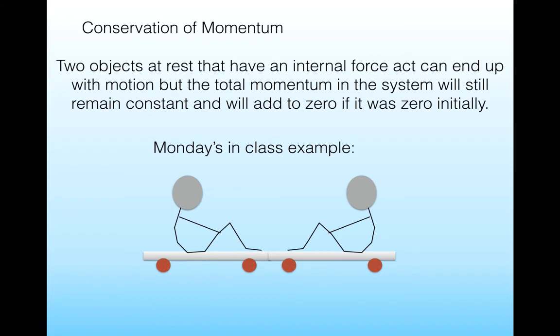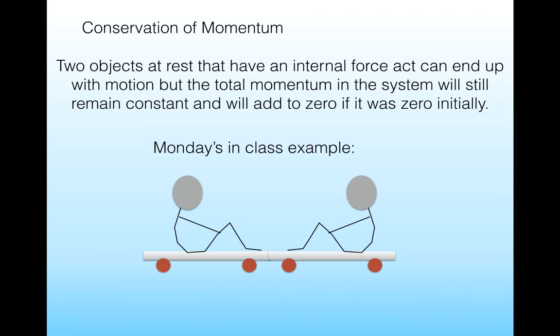We saw that on Monday in class, we did this little demo where two people sat on skateboards and then they could push off of each other. And this we again talked about, not in terms of conservation of momentum, but in terms of the center of mass and its momentum staying constant over time.